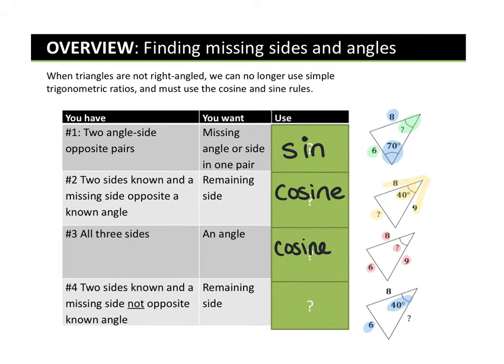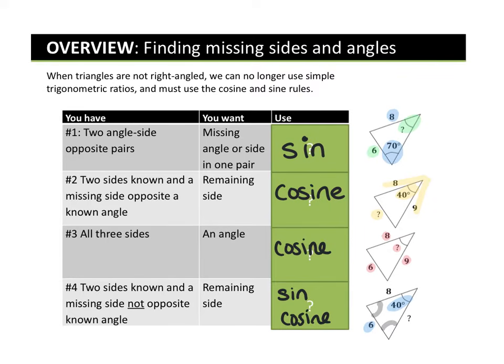Then we don't have another angle. So what we actually have to do is we have to use the first one, okay, to find this angle. We know angles in a triangle add up to 180, so then we can find this angle, and then we can use the cosine rule. So in this one, you have to use the sine rule first, then the cosine rule, okay?